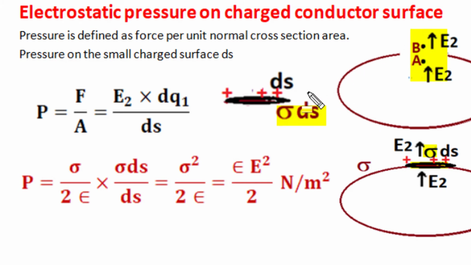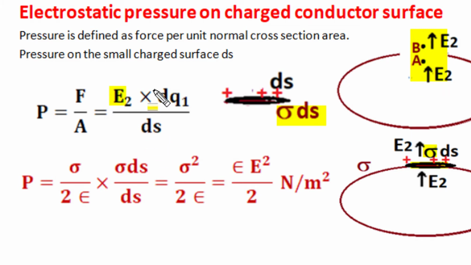In electrostatics we have an understanding that a charge can't produce force on itself, but if charge is distributed to several positions, then a smaller part of that distribution could have electric force from the electric field produced by the remaining portion of the charge distribution. So here elemental surface area ds has sigma ds charge, and it is placed in the electric field of the remaining surface charge, that is E2.